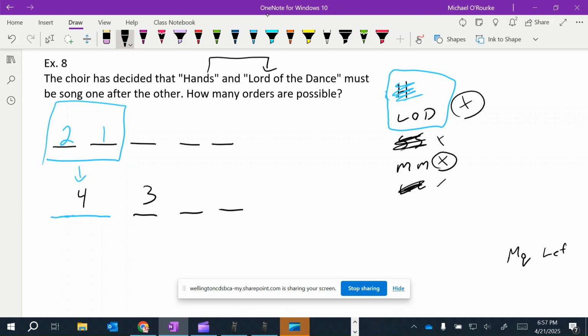Now I have 2 options left. Let's say I use this one. And I have 1 option left to go there. So the answer for this one is going to be 4 factorial for this part, and 2 factorial for this part. So it's going to be 4 factorial times 2 factorial. Okay?